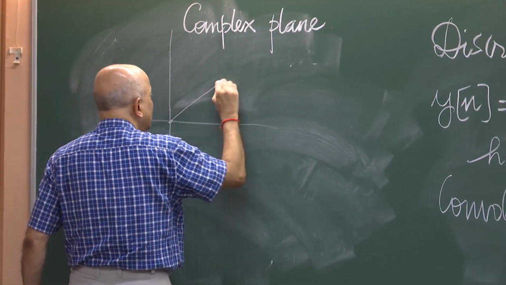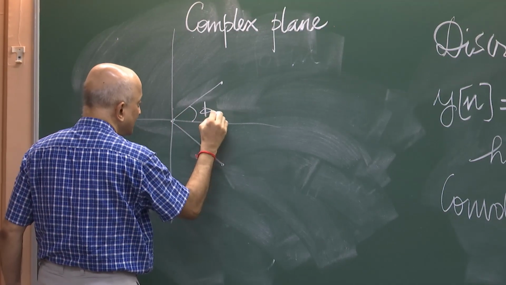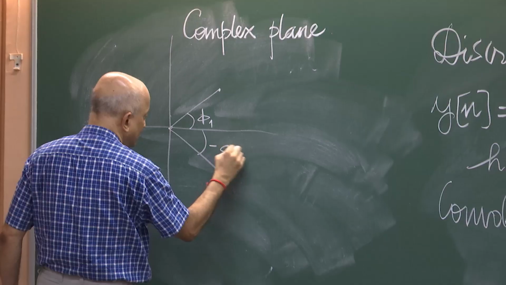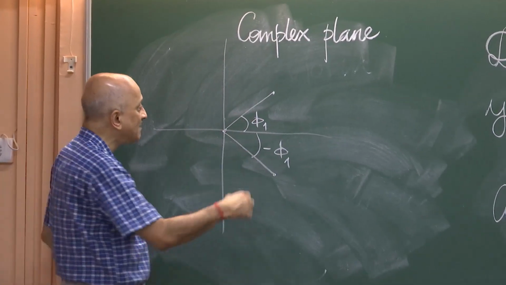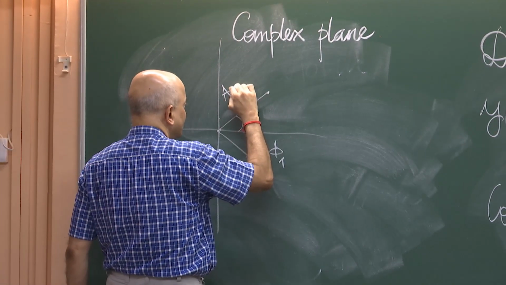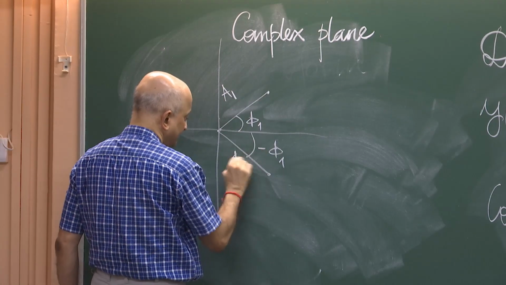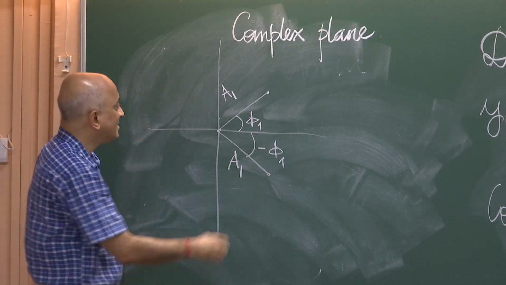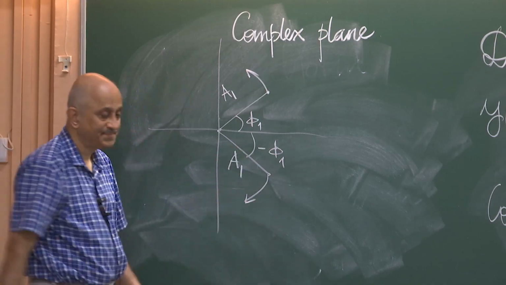You have two oppositely rotating complex numbers. They begin with a starting angle of phi 1 and an amplitude of A naught or A1. And this one rotates counterclockwise and this one rotates clockwise.